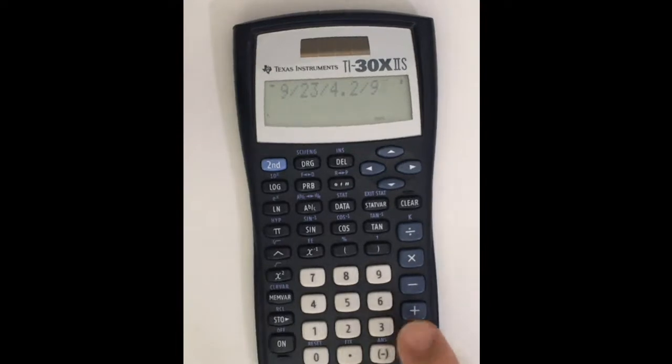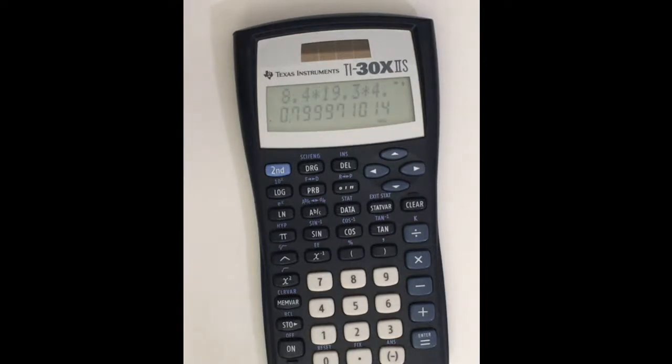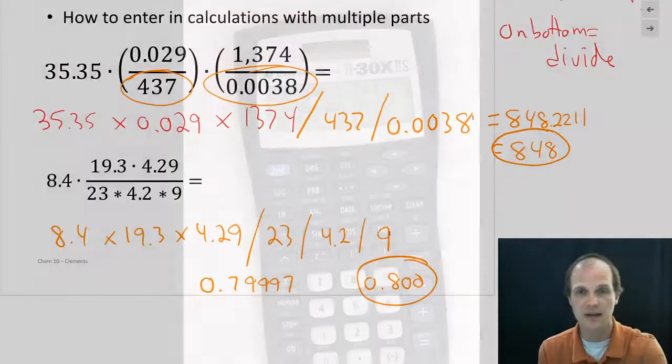And I'll show you in a moment how you can do it using parentheses, but for now let's do it without. And then you press enter, and you get your number, which is 0.79997, and a bunch more digits. We're going to say just 0.800. We'll go ahead and round that, and we'll see more rules about rounding later on in the class. But that's how we're going to put stuff into our calculator.